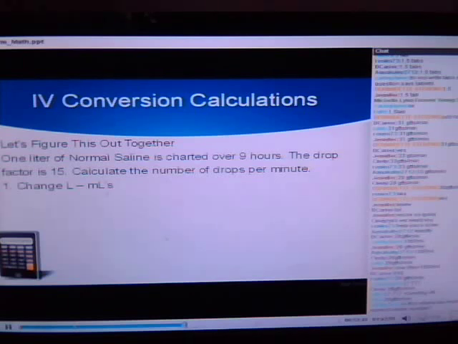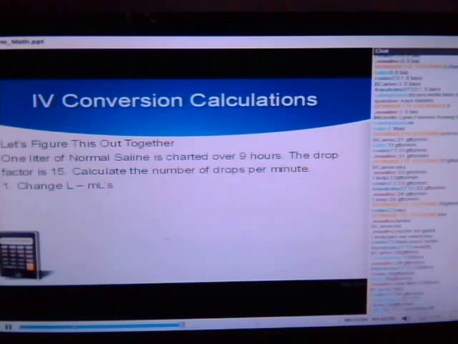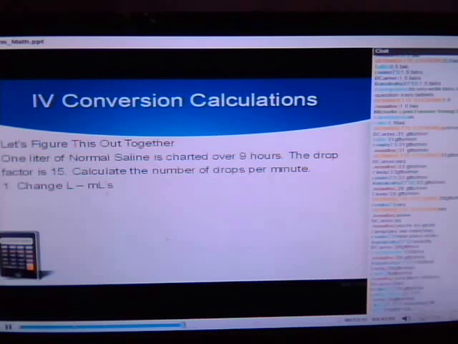Is this where you round off to the nearest whole number? Benedict, for the NCLEX, yes, you would, because it's physically impossible. Let me answer Benedict first. Benedict, it's physically impossible to give 27.7777777 drops per minute. Okay, so you have to use logic and round it off.